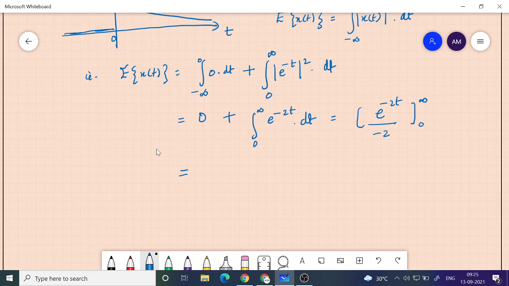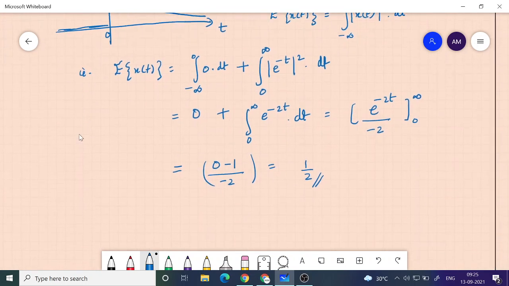The upper limit e raised to minus infinity is 0, and the lower limit e raised to 0 is 1, divided by minus 2, which is minus 1 by minus 2, and that is half. So this is the energy, or the strength. We are using this formula to find the amount of strength inside the signal.